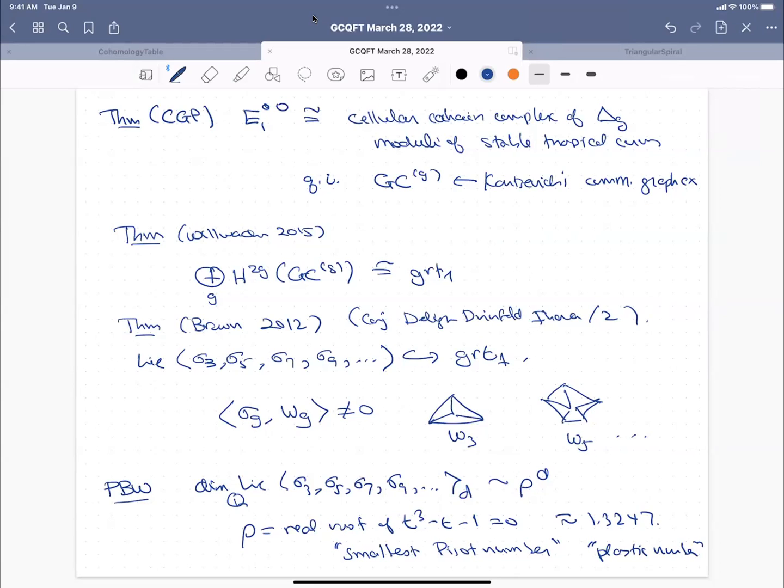Things that are known about the Pisot numbers: the set of Pisot numbers is closed. And since it's closed and bounded below, there's a minimal element, and this is it, this real root of t cubed minus t minus 1. The first accumulation point of the Pisot numbers is the golden ratio. And all of the Pisot numbers less than the golden ratio are known.